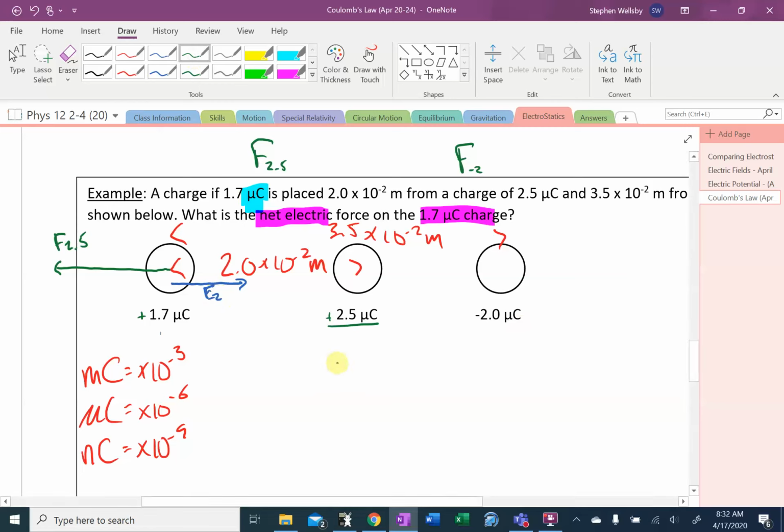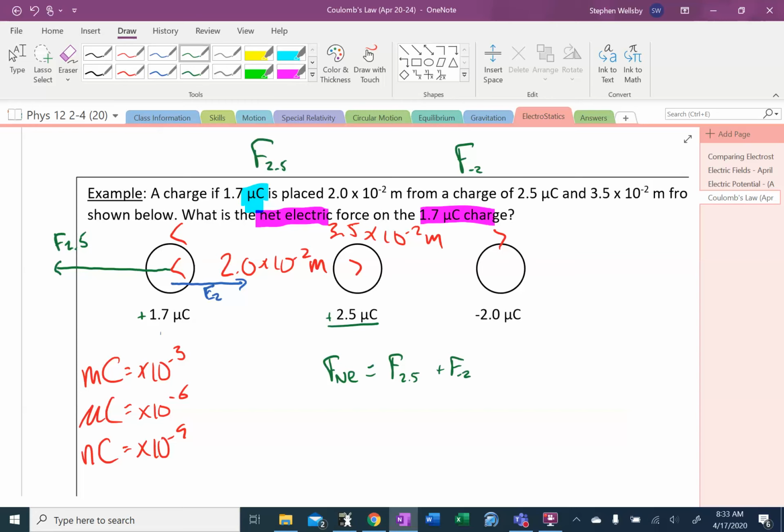So F net, the net electrical force, is going to equal F2.5 plus F negative 2. Now F2.5, this is where, and I've had a few students asking me, when do we worry about negative? When do we worry about positive charges? When should we be thinking about that when we're doing our calculations? And the answer is, in a sense, it's up to you to figure out the directions of the forces.